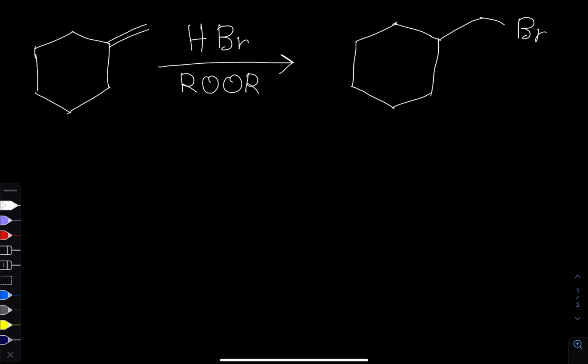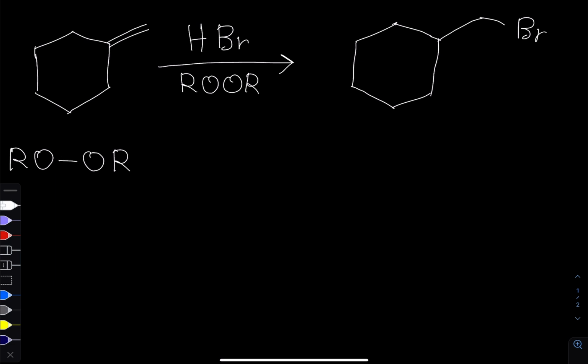So the mechanism for this is that the peroxides are going to induce radical reactions. Whenever you have a peroxide, you have an oxygen-oxygen bond. And this is a pretty weak bond, so it's very easily going to break.